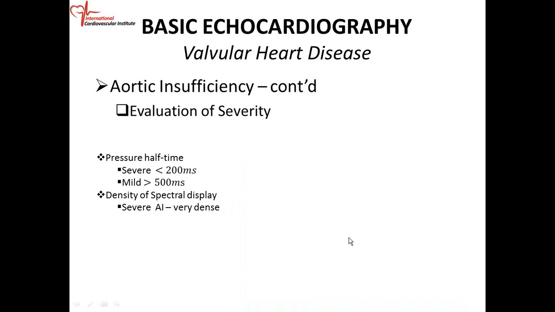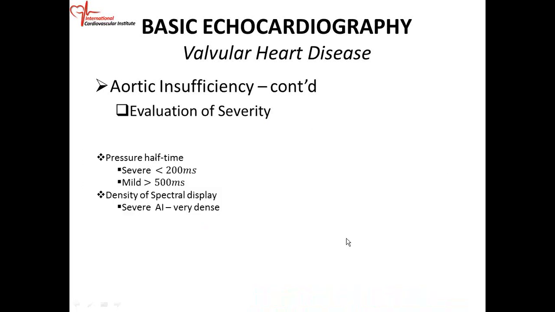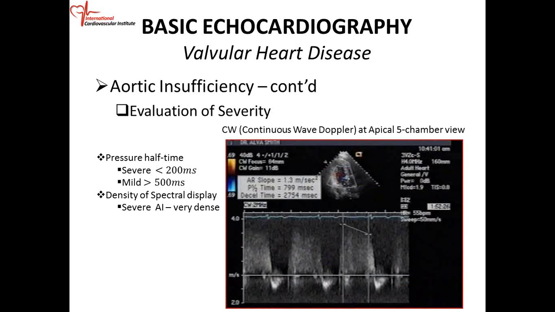So you do what we call the pressure half-time. The pressure half-time is the time it takes for the maximum pressure to fall to 1/2. The computer does all of this for us.